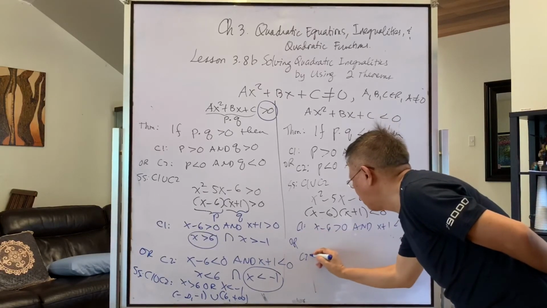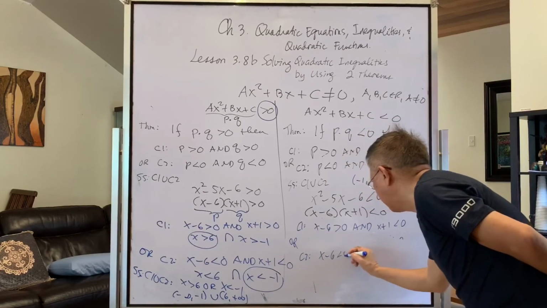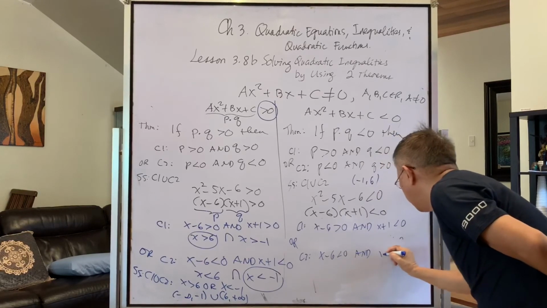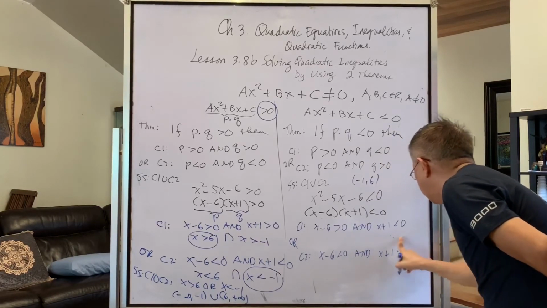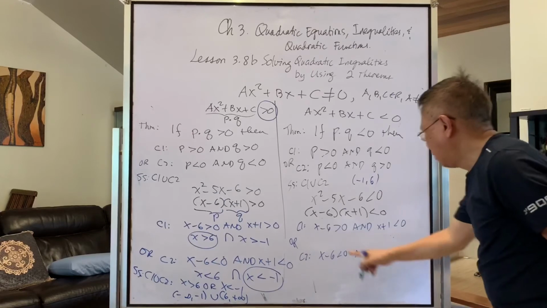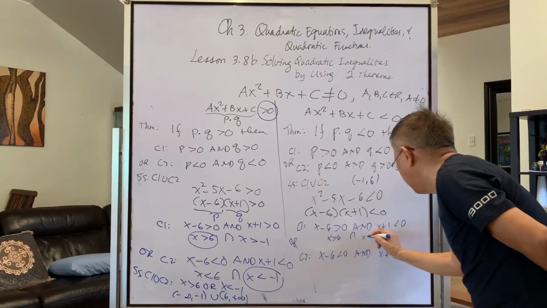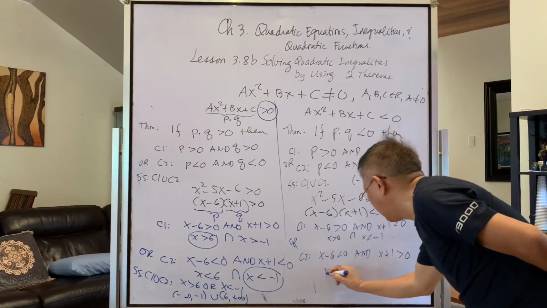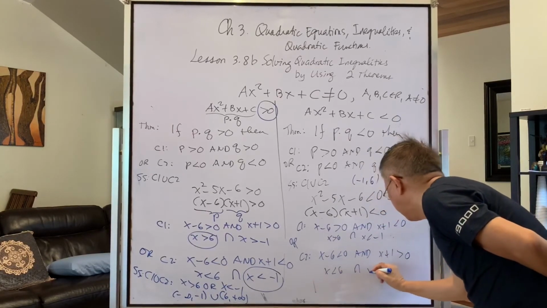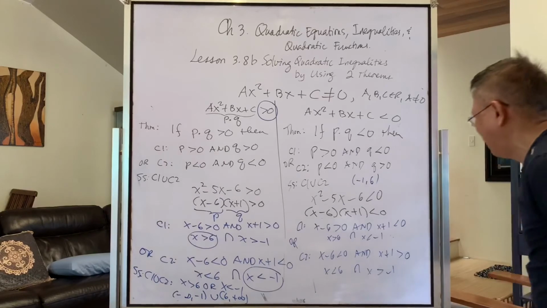Or case 2, x minus 6 less than 0 and x plus 1 greater than 0. Solving for x here, I get x greater than 6 intersection x less than negative 1. Here, x less than 6 intersection x greater than negative 1.